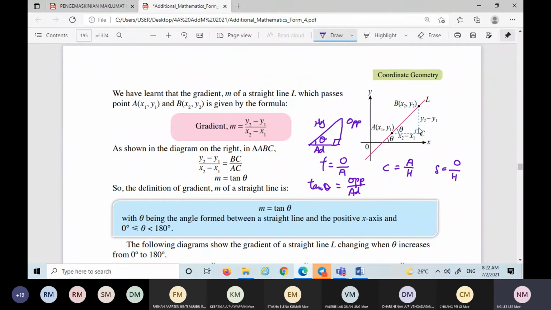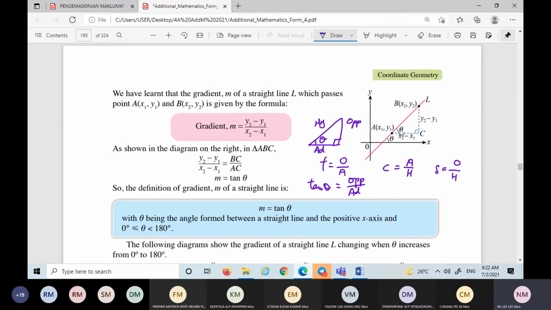The y2 minus y1 is the vertical distance between the two points, and x2 minus x1 is the horizontal distance between the two points. If you label this as theta, this theta and this theta are the same, because this is parallel to the x-axis.